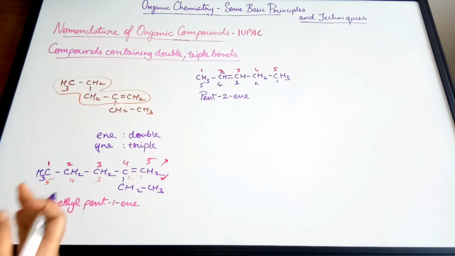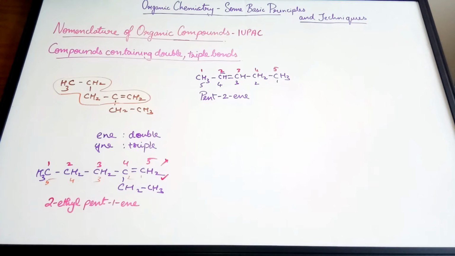So the previous carbon atom. I always used to get confused with this actually. So you have to remember that the locant for the double bond will be the one with the lesser number of the 2 carbons the double bond is attached to.